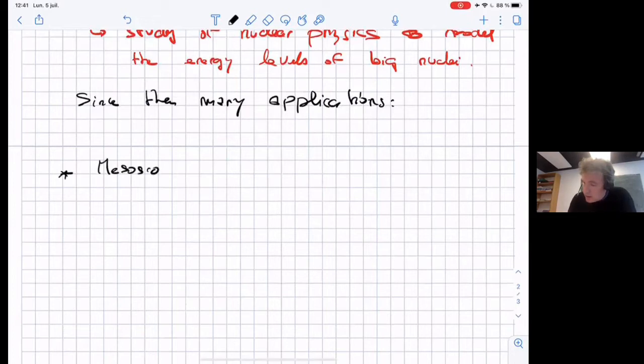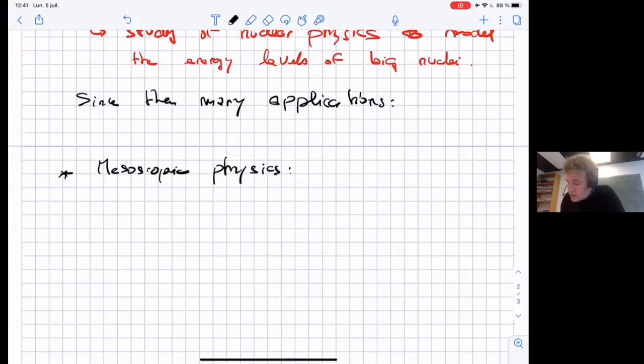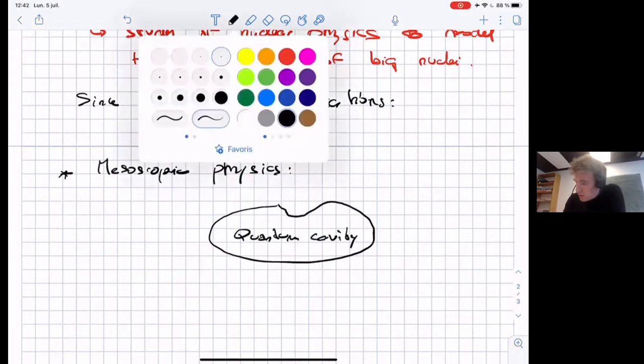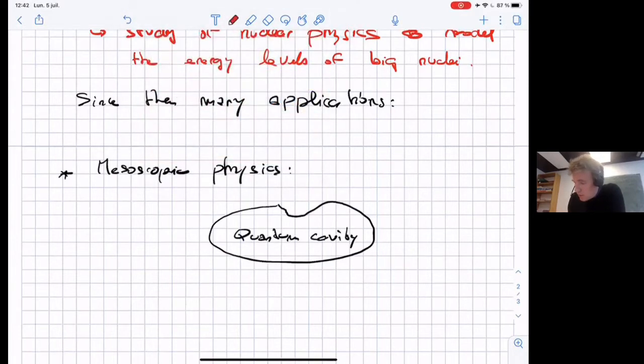One is in the context of mesoscopic physics. So basically, what I have in mind is that you can have, say, a quantum cavity, which might be more or less regular, and you have to imagine that you have some electromagnetic waves arriving there.